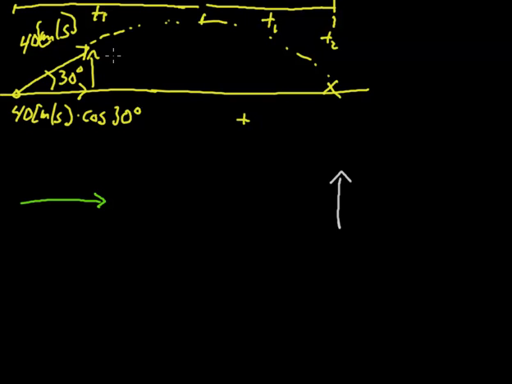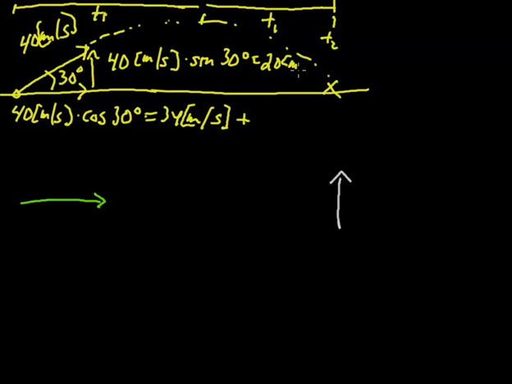The vertical part is simply the speed, or the hypotenuse in this case, right? 40 meters per second times the sine of 30 degrees. So when you figure out the horizontal component, it ends up being about 34 meters per second. The vertical component ends up being about 20 meters per second.